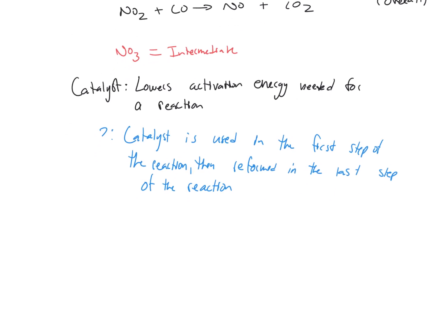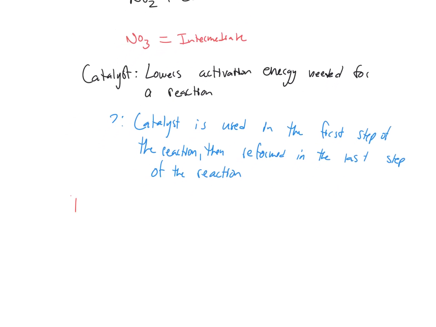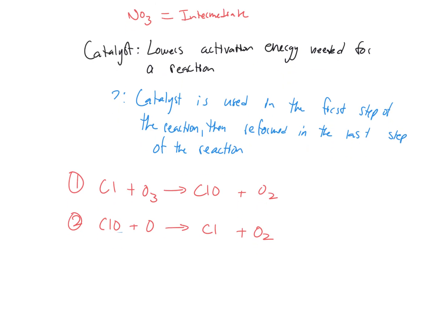So an example of this is as follows. Let's say in step 1, I have Cl plus O3 react to form ClO plus O2. In the second step of my reaction, I have that same ClO plus another molecule of O will react together to reform the Cl and make O2. Now, my Cl is used up at the start to make some sort of intermediate.